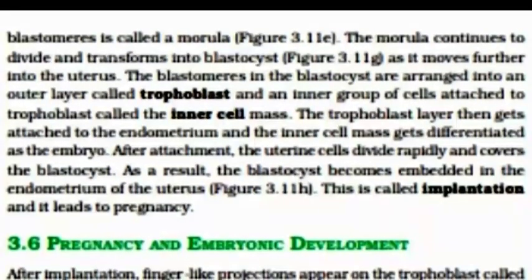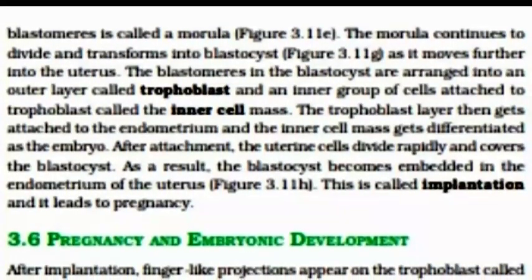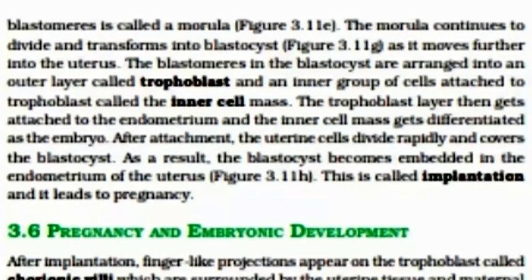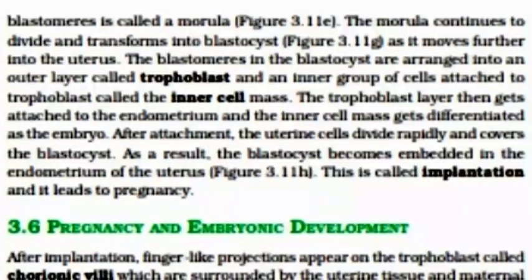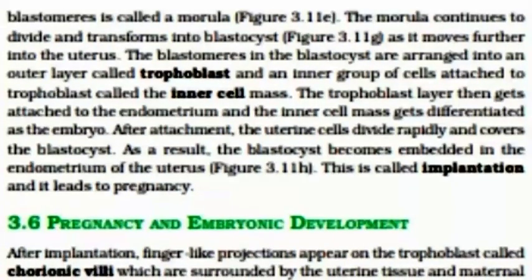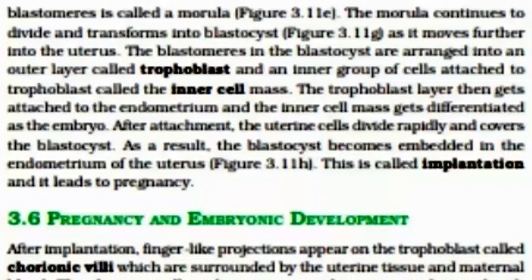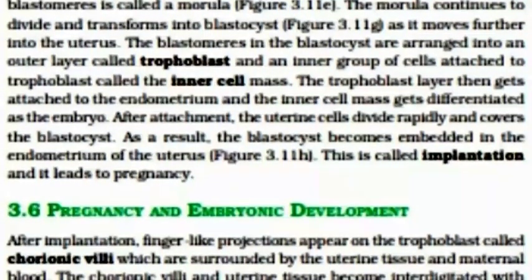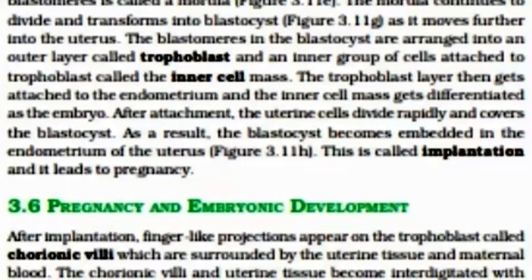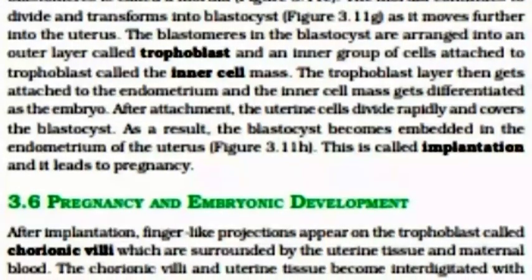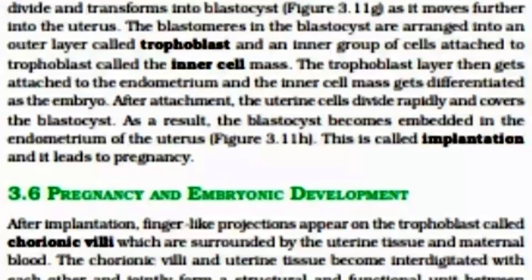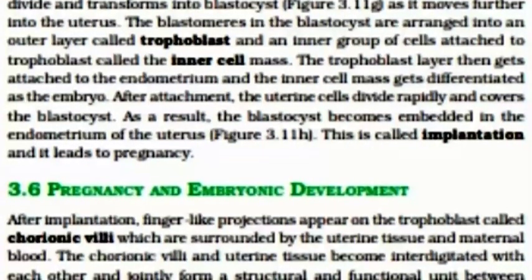The blastomeres in the blastocyst are arranged into an outer layer called trophoblast and an inner group of cells attached to the trophoblast called the inner cell mass. The trophoblast layer then gets attached to the endometrium and the inner cell mass gets differentiated as the embryo.